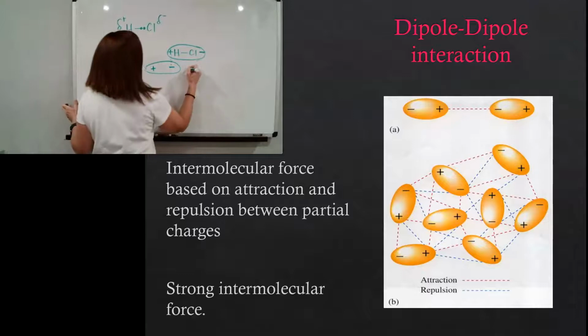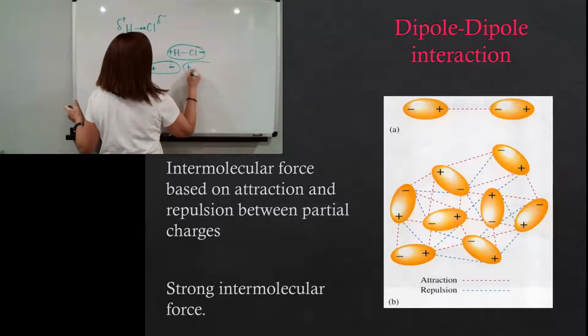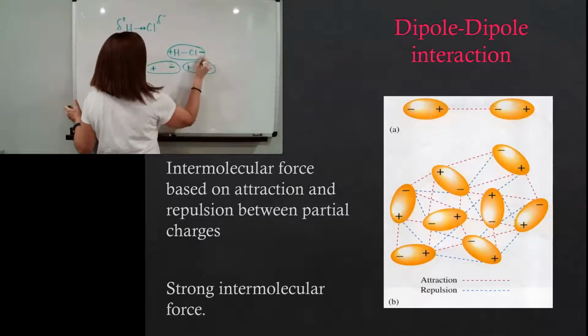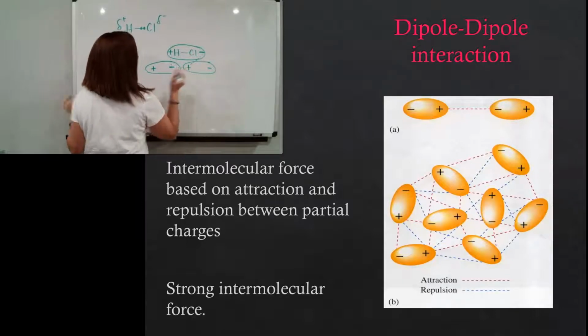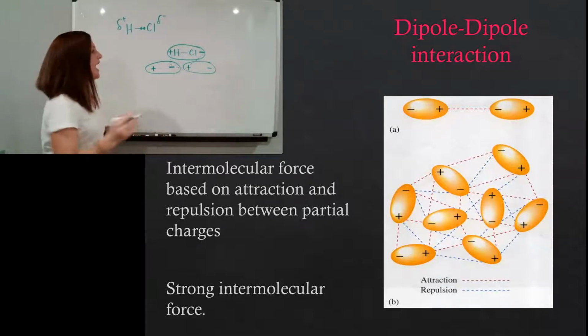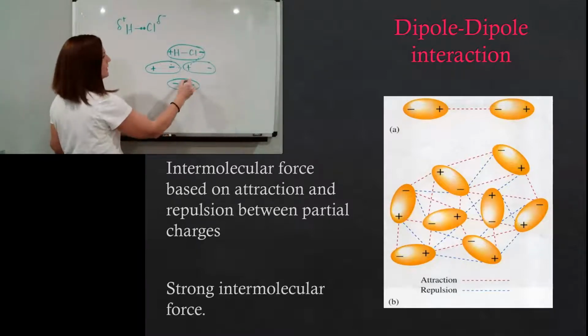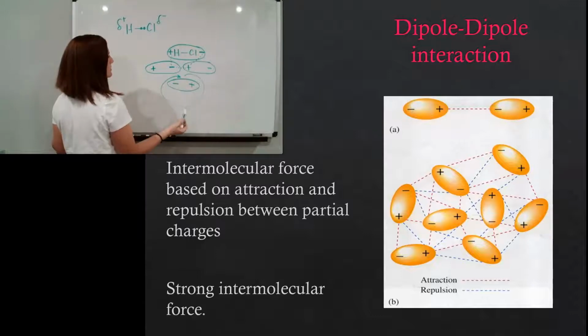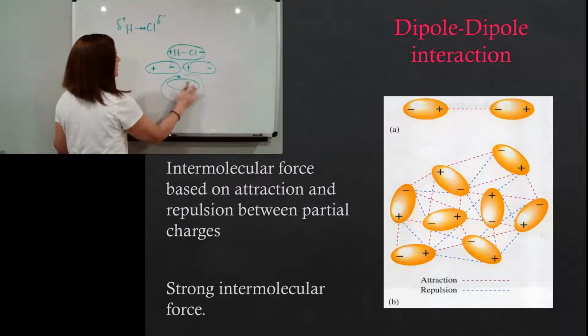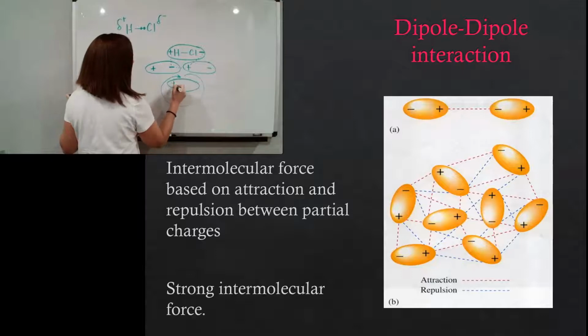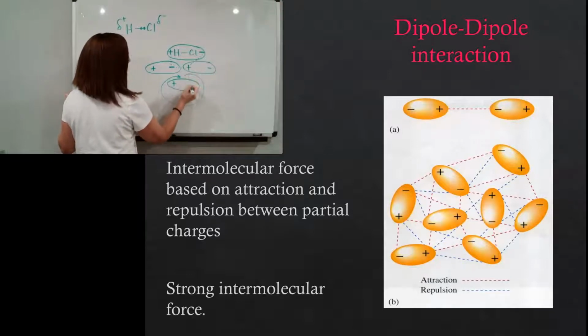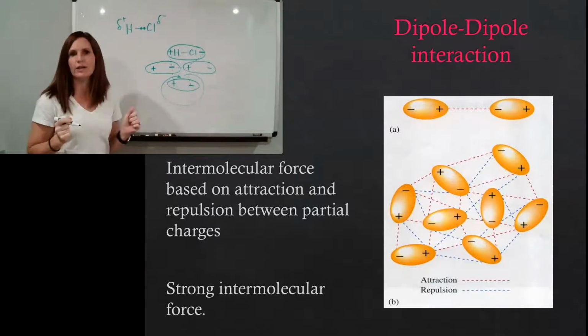And then over here, we would see another one line up, and we would have attractions here and attractions there. And if for some reason we had another one here that was negative and positive, these would repel it and they would flip it around until it was instead positive and negative, so that we could have our stable interactions.